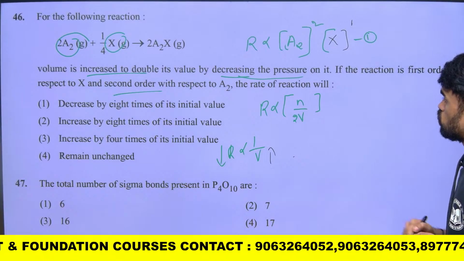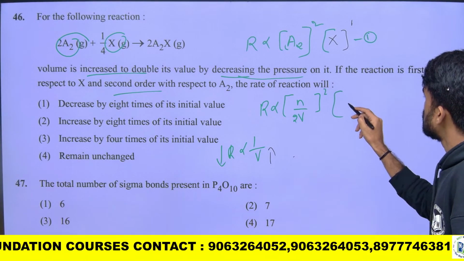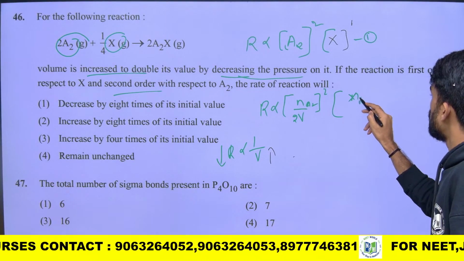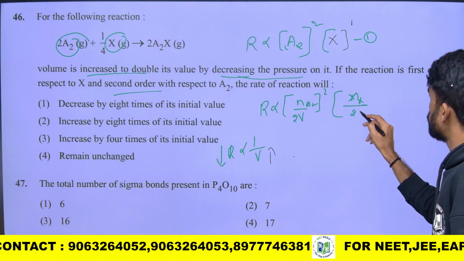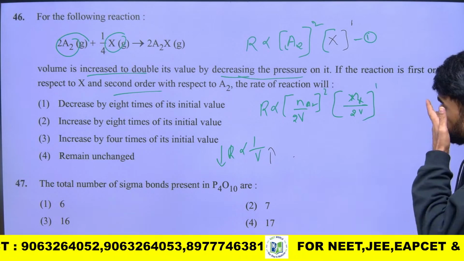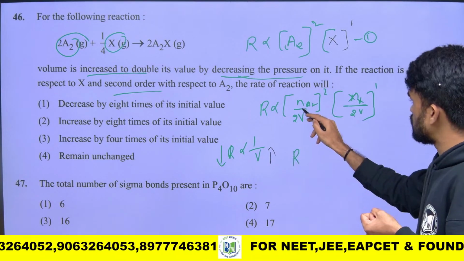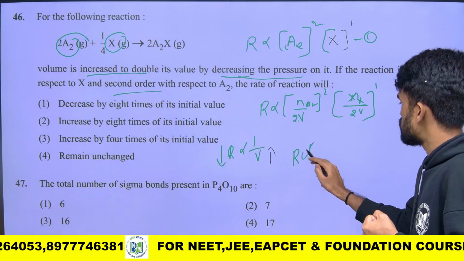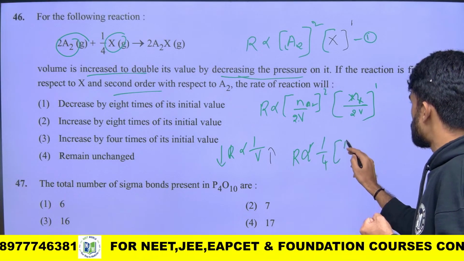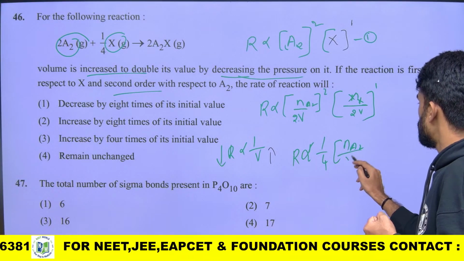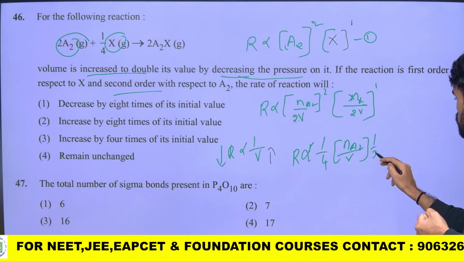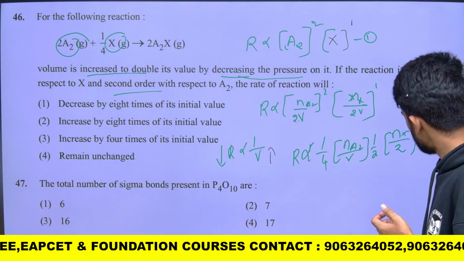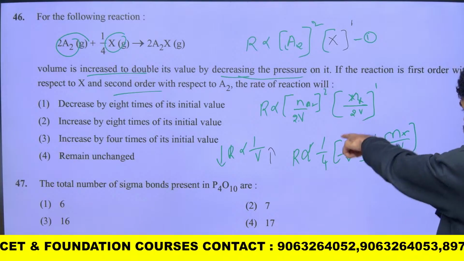Okay. So the concentration of A is n_A by 2V, squared, and for X it is n_X by 2V, to the power 1. So rate, if you compare this, here I am taking 2 squared, which means 4, and outside I am writing 4, in the bracket I am writing n_A by V, and here it is 1 by 2 to the power n_X by 2. It means this 2 I have written outside like this.